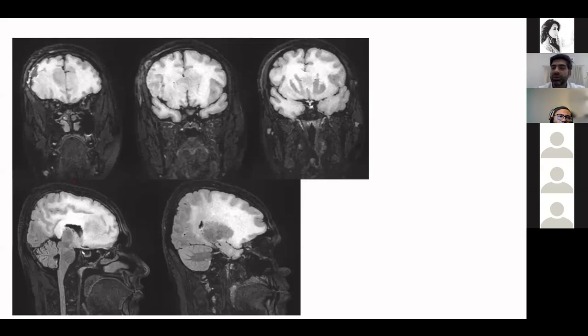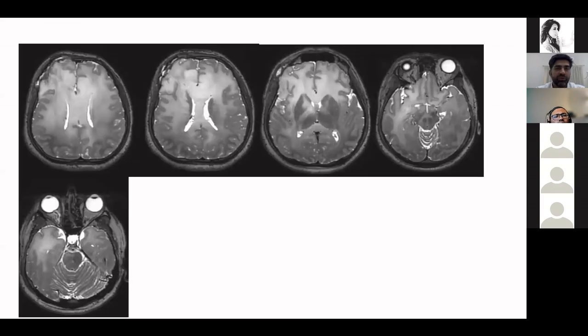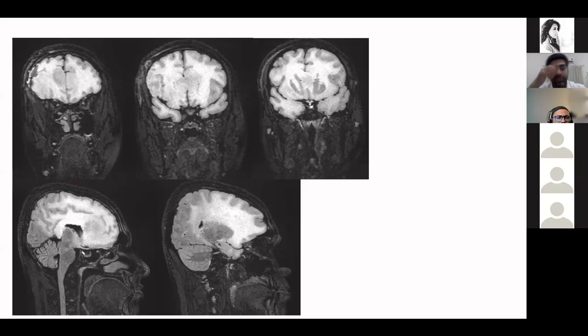So, Dr. Shomaila, would you like to add something in this post-op? Do you see any? No, I think the size is more or less the same. They are just post-surgical in the right frontal lobe. I was just wondering whether the shape of the skull on sagittal is due to imaging, or there is some craniosynostosis also.